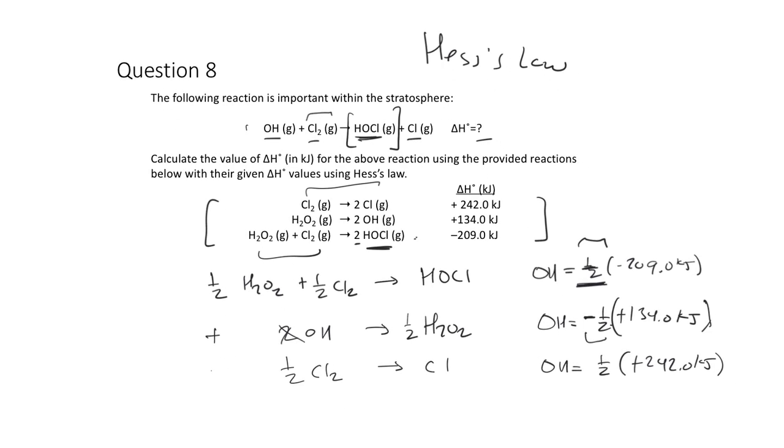Okay, so what I'm going to do is mathematically almost add these reactions up and then cancel out what's on both sides. So I have H2O2 on both sides, precisely the same amount. What else do I have? Well, nothing else. So everything else just adds up. So I have 1/2 Cl2, 1/2 Cl2. That gives me a Cl2.